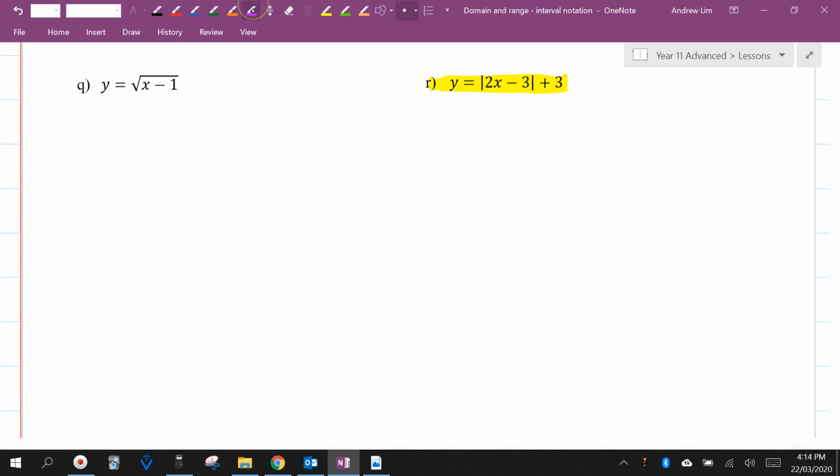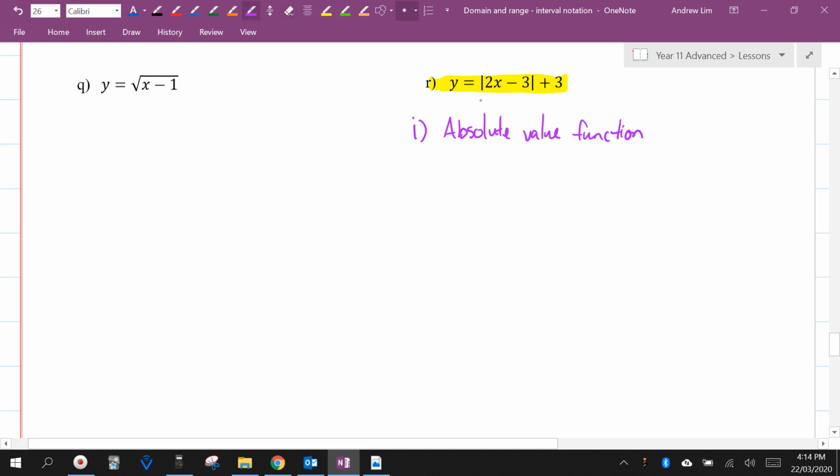Okay, so for question R, here we have an absolute value function, and we know it's an absolute value because of the absolute value symbols.